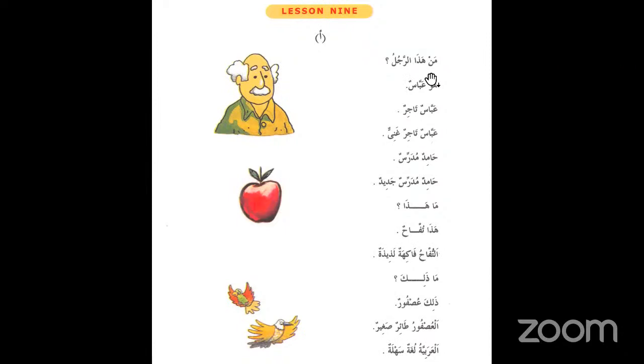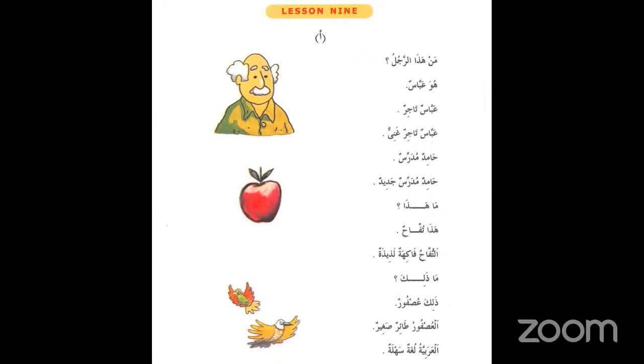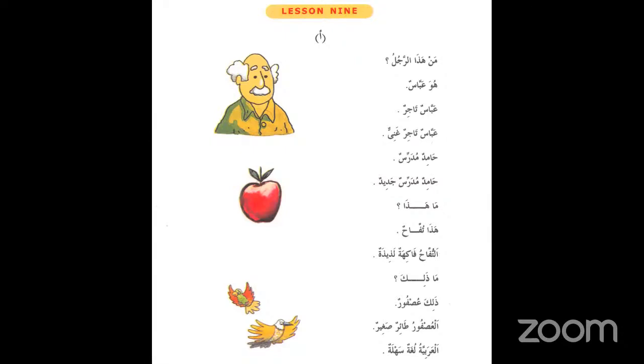Man hadha? Rajulun. Who is this man? Huwa Abbasun. He is Abbas. Abbasun tajirun. Translate. Abbas is a merchant. Correct. Next one. Hamidun mudarrisun. Hamid is a teacher. Abbasun tajirun ghaniyun.